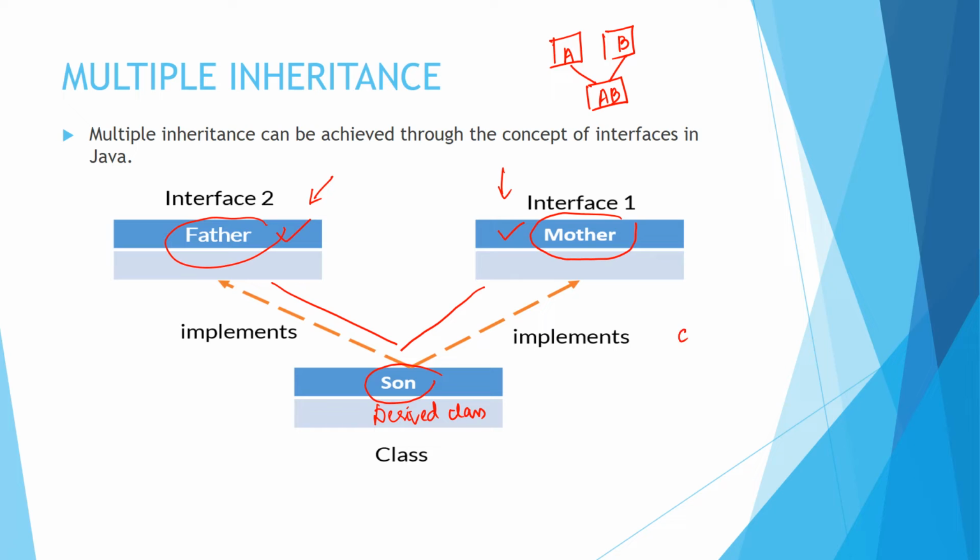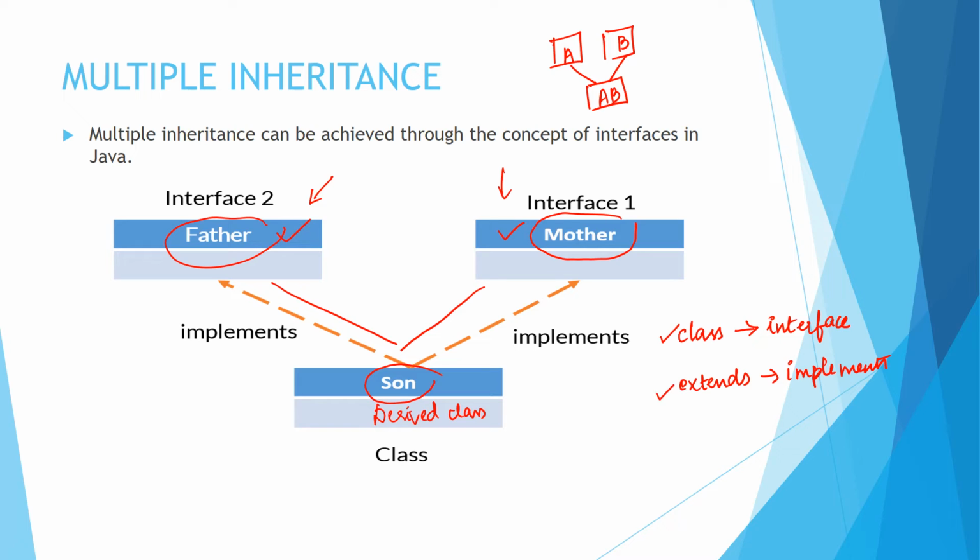Usually we'll write class name and follow the program, right? So here instead of class you should write it as interface, and then instead of the keyword extends which you use in inheritance, you should mention it as implements.